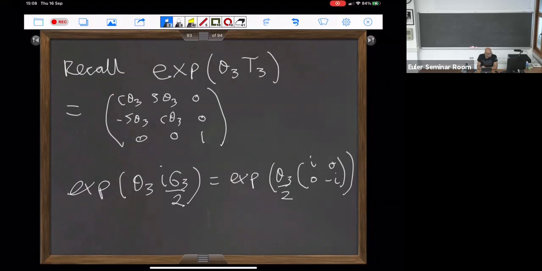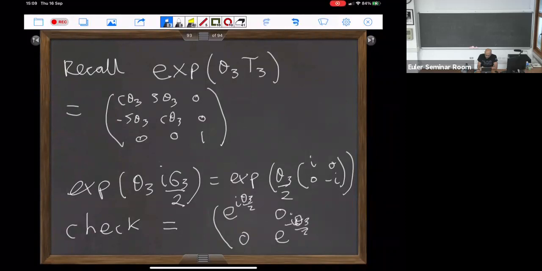Now, if you do the Taylor series expansion, you can check that this is equal to the following matrix. It's a diagonal matrix, which is unsurprising because sigma 3 is diagonal, and its entries are pure phases of the form e to the I θ3 over 2 for the first one, and you get the complex conjugate in the other entry.